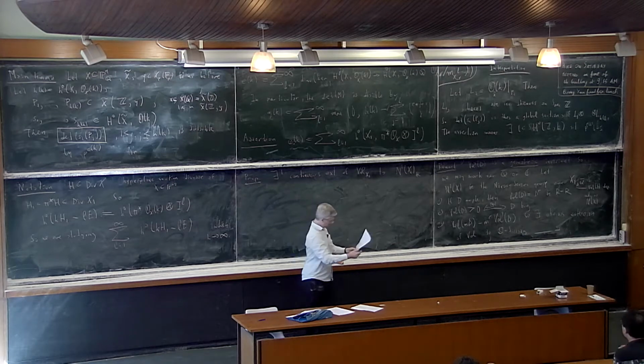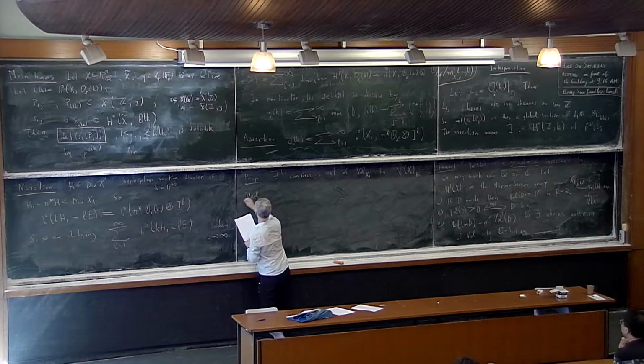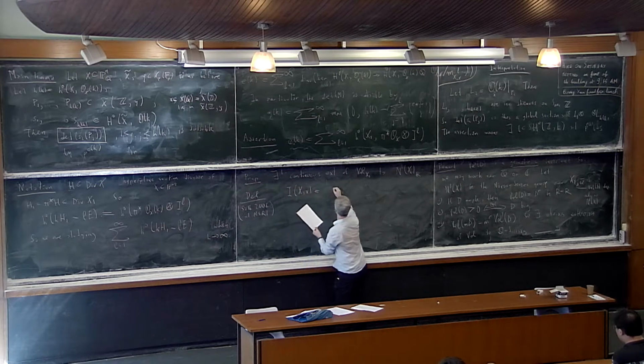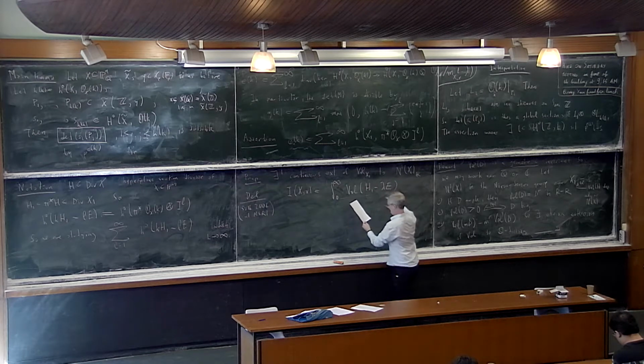So here comes my invariant, which I introduced in 2006, at an MSRI talk. I define the following integral: I of X is the integral from 0 to infinity of the volume of H minus lambda E, d lambda.